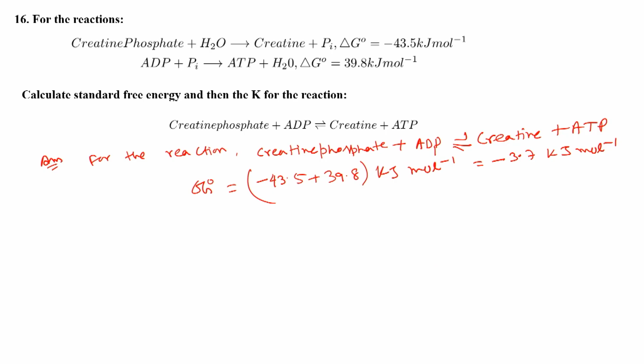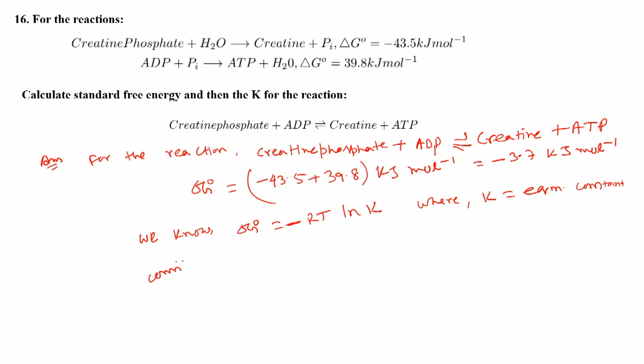So, for the equilibrium constant, we consider temperature T. So, we consider 300 Kelvin or 298 Kelvin. So, we know delta G naught is minus RT ln K, where K is the equilibrium constant.